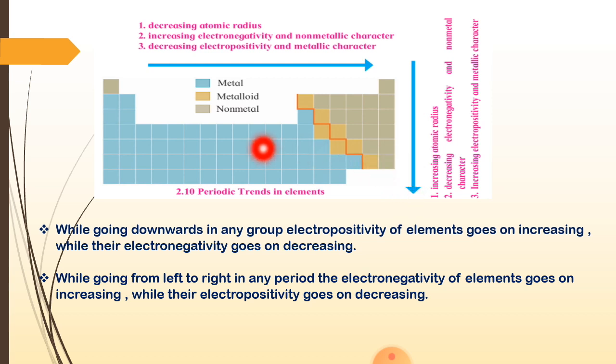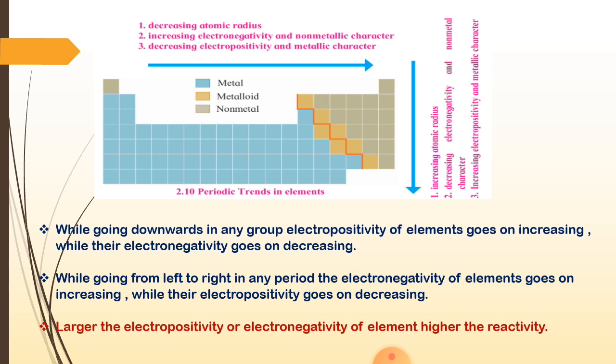While going from left to right in any period, the electronegativity of an element goes on increasing while electropositivity goes on decreasing. And you all know that the larger the electropositivity or electronegativity of an element, the higher is the reactivity. The tendency to react with each other is very high.